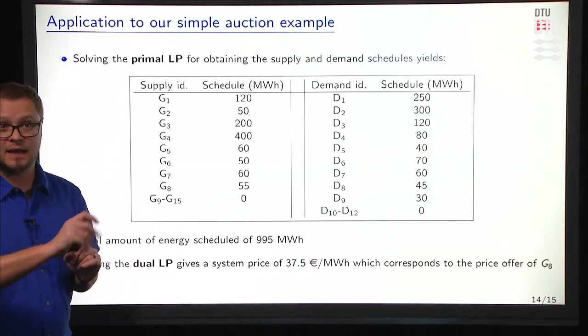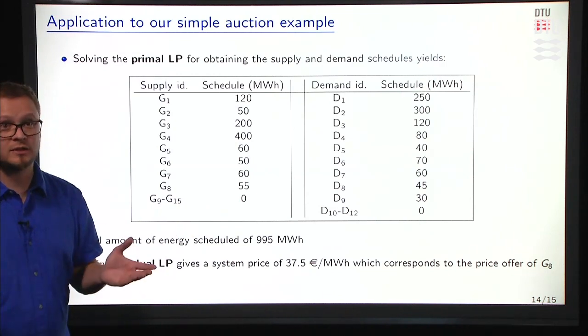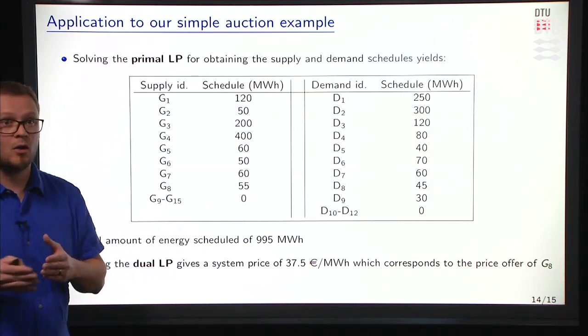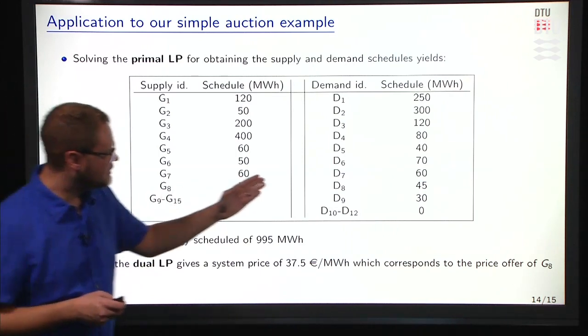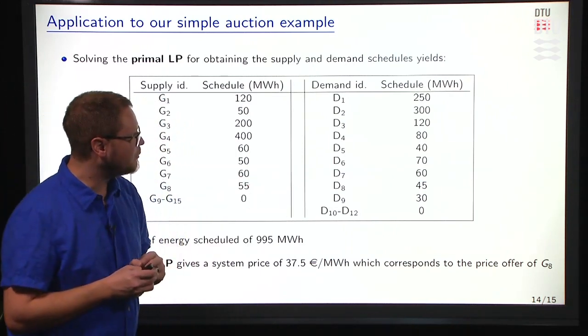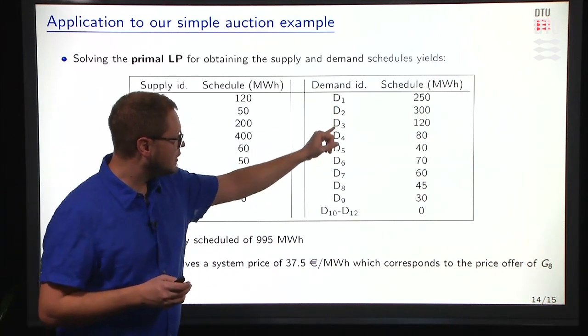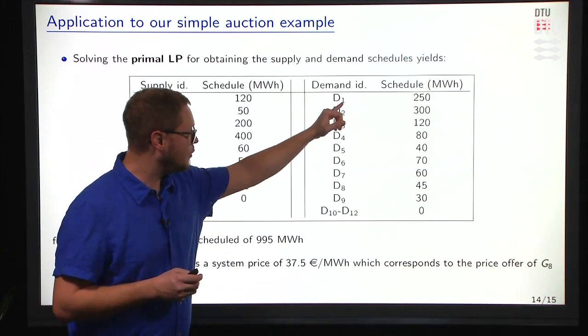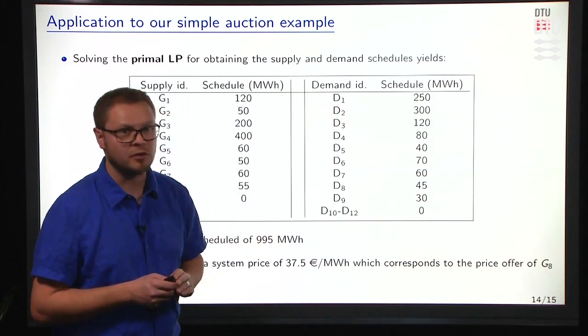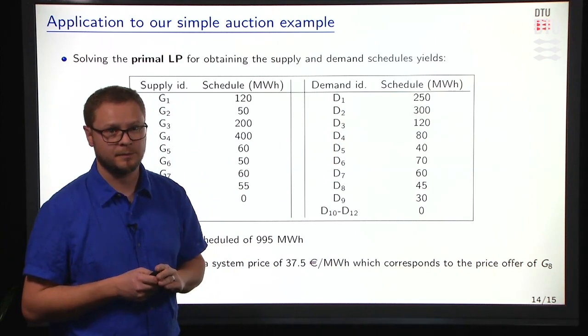They are on the right side of the equilibrium point, so they are not scheduled, because scheduling them would not increase social welfare. On the demand side, similar things are happening. The first offers are being scheduled, and here D1 to D9, the first 9 offers, are being fully scheduled.